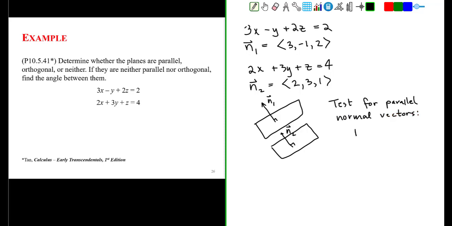And that test will be given as the cross product between the two normal vectors, and we want to know if that cross product ends up evaluating to 0. If it doesn't evaluate to 0, then we know that the two planes will intersect along a line.